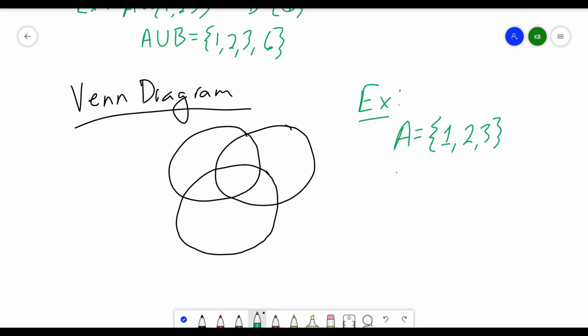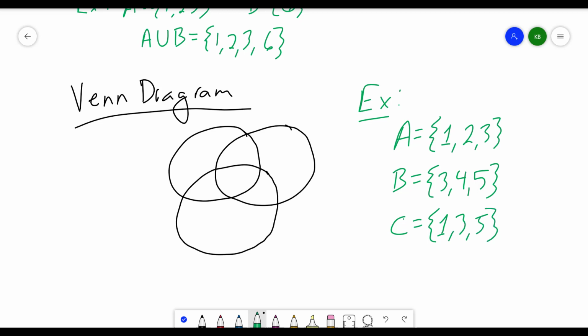I'm going to have event B be the event that I roll a 3, 4, or 5 on the die. And I'm going to have event C be the event that I roll a 1, 3, or 5.